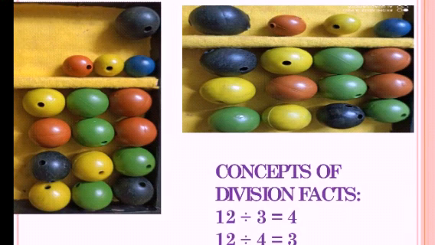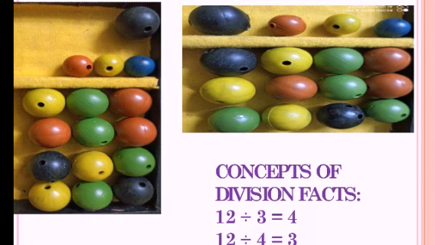Now here, in this part, we will learn about the concept of division facts. Look here, there are 2 images. The first one where Sunil divided 12 balls among his 3 brothers, and the second image where Sunil joined his 3 brothers, that is 4 of them are playing with the 12 balls which are divided equally among 4 of them.